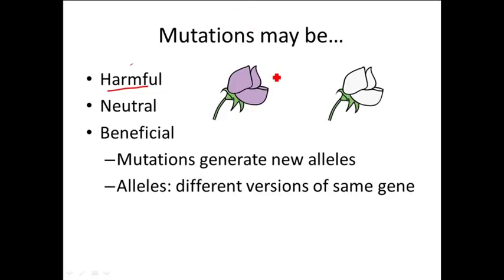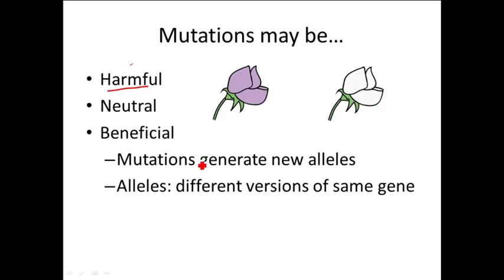So here, this is a pea plant flower, and they both have flower color. The flower color is determined by a gene, and there are two different alleles. There could be purple flowers or white flowers, and so the alleles are the purple flower allele and the white flower allele for the flower color gene.